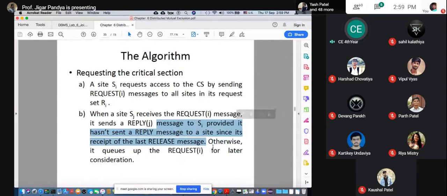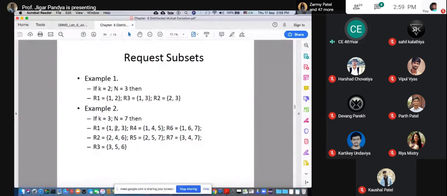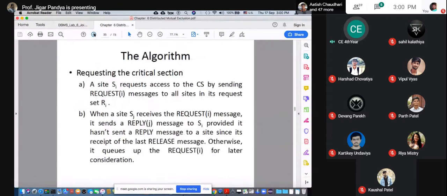There is nobody in the critical section and it has not sent any reply to anybody else. So 1 and 3 will send a reply to 2 saying go ahead, and they will not send a reply to any other request coming from 6, 7 or 4, 5 or 4, 7, etc.